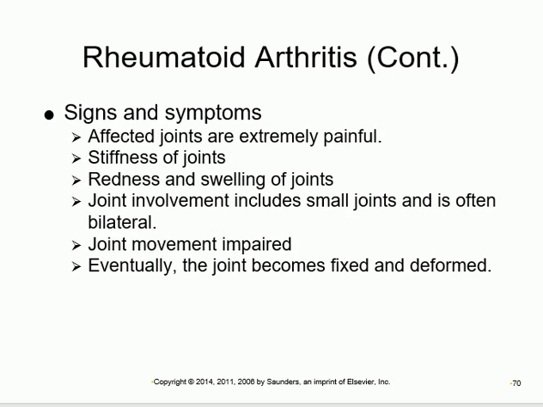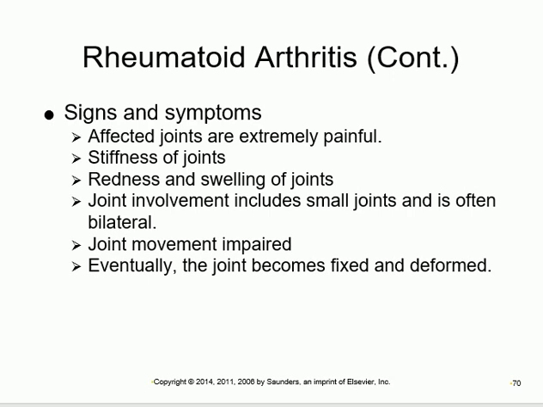So what will those people have? Inflammation, as I mentioned before. Stiffness of the joints. Move your fingers, I can't. Bend your fingers, I can't. Stiff. Fibrous tissue inside. It's painful. Red and swollen. Okay? Affecting small joints, and it's bilateral. Osteoarthritis, big joints, bilateral, right?